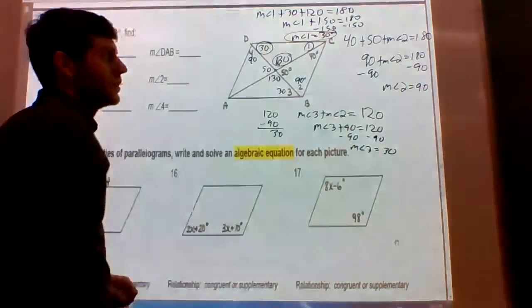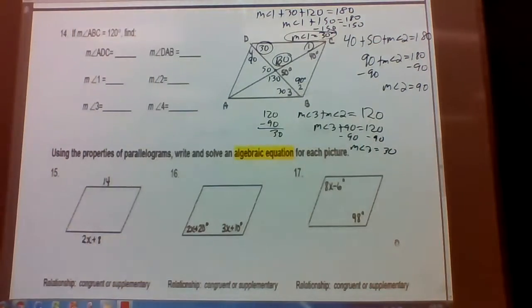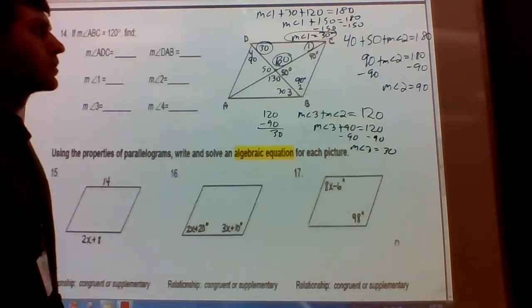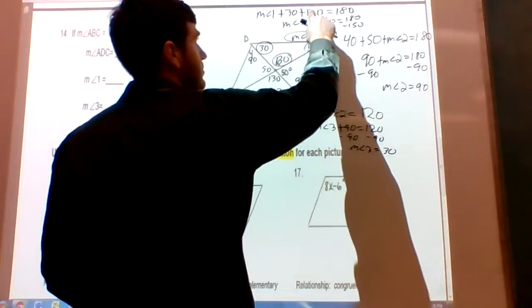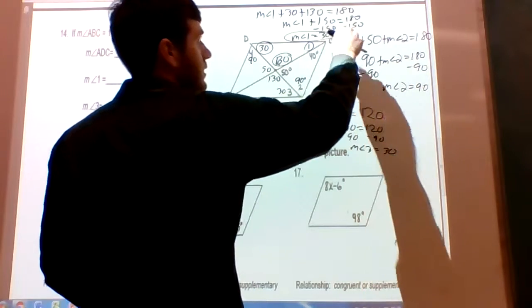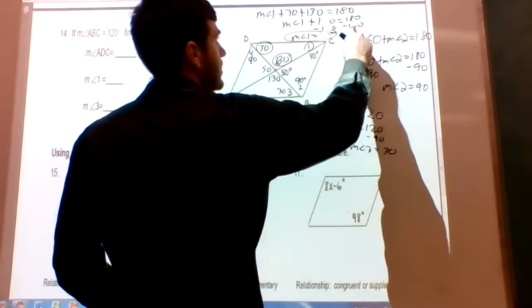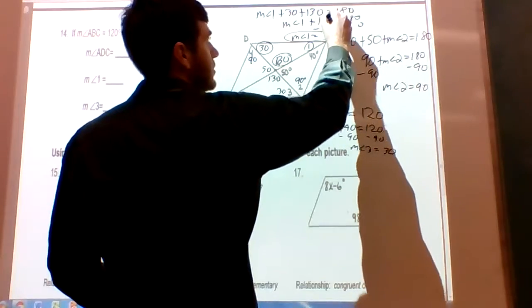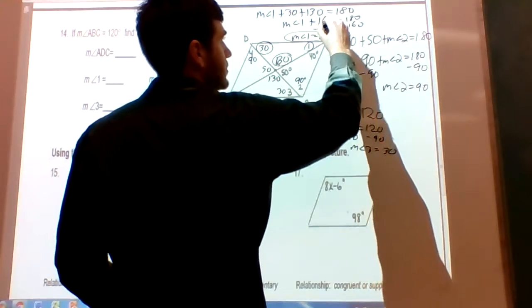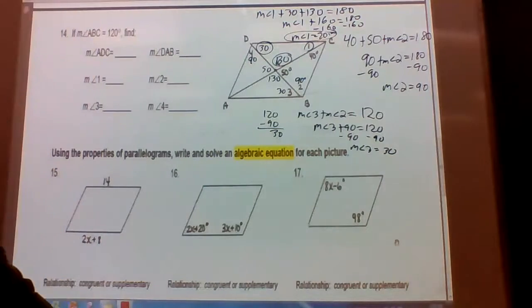So 30, 30. I'm sorry, this is 130, which makes this 160. Which makes this 20. So the measure of angle 1 is going to be 20 degrees.